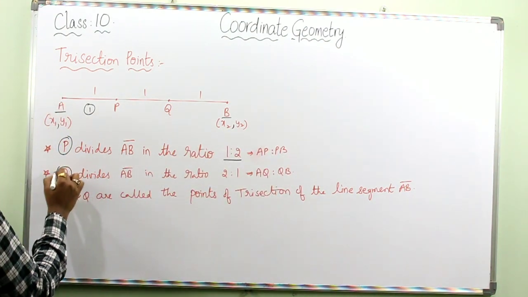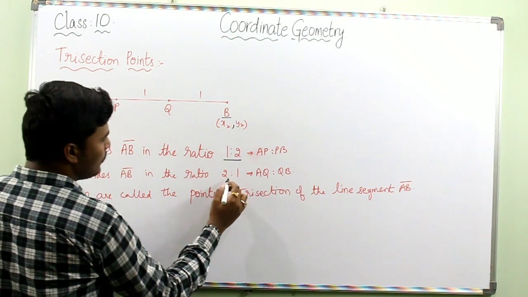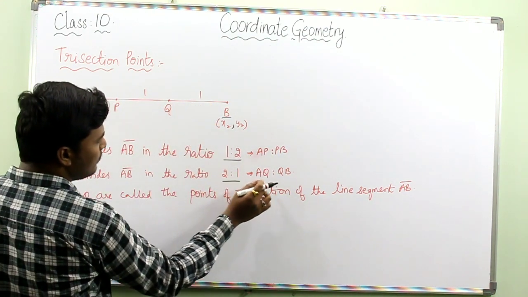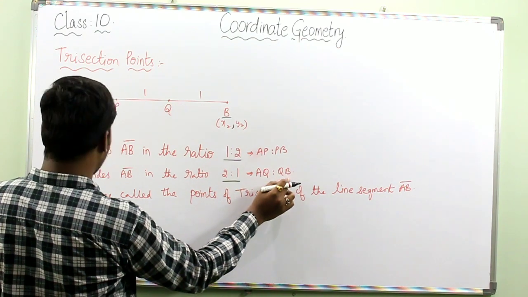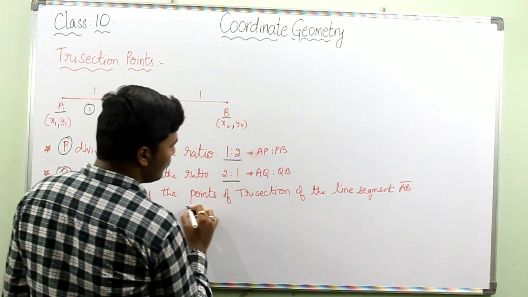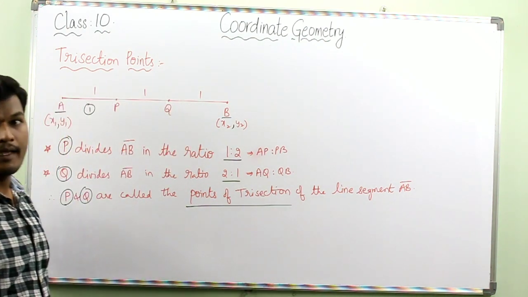Now Q is dividing the line AB in the ratio 2 is to 1, so 2 parts and 1 part, that is AQ is to QB. So here the points P and Q are called the points of trisection of the line segment AB.